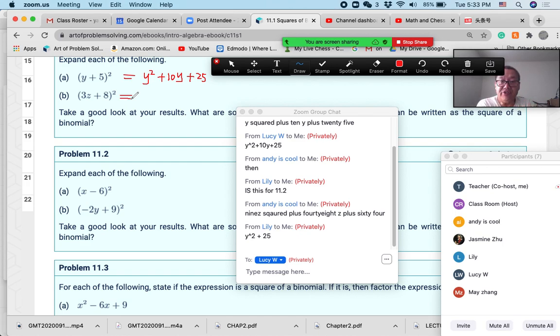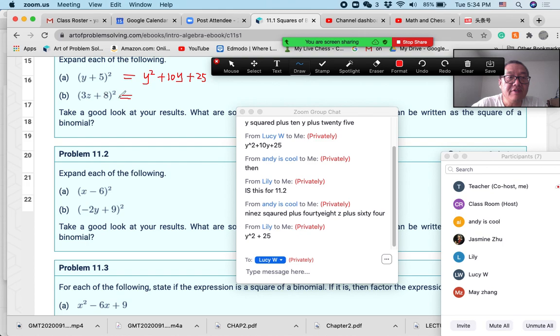Andy, now check Andy's answer. Andy's answer, that's right. Lily, you miss one term. When you expand the product of two binomials, usually you get three terms. If you write two, you miss the linear term.